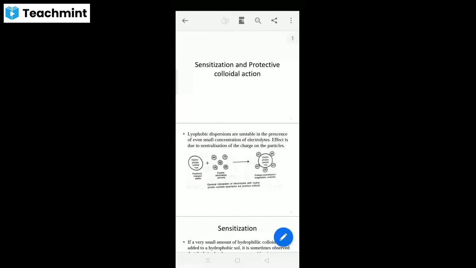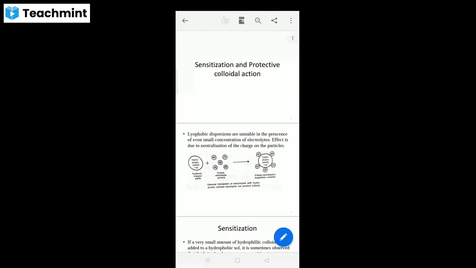So we need something to be there to prevent the lyophobic colloidal particle from growing its size. And for that, we are taking the help of lyophilic colloid.